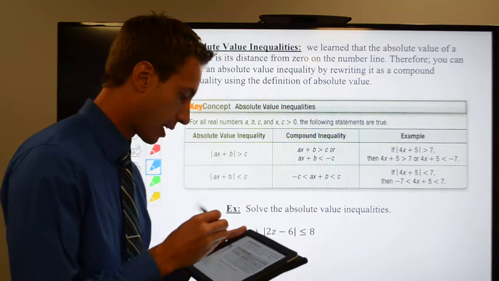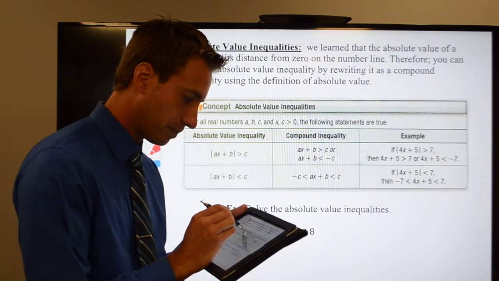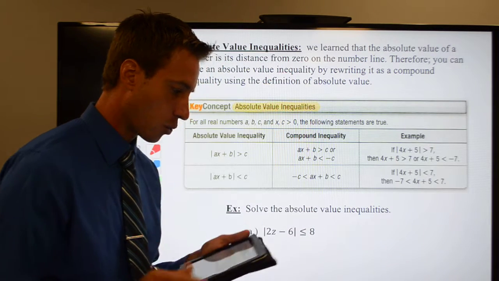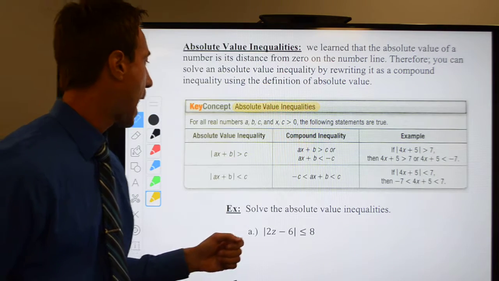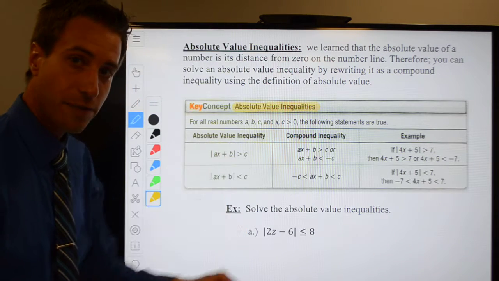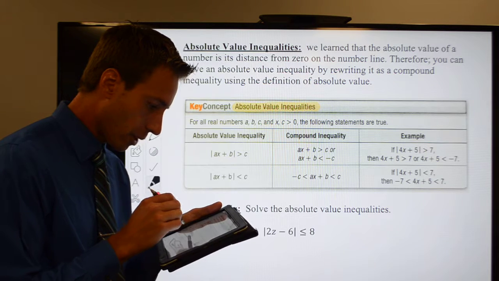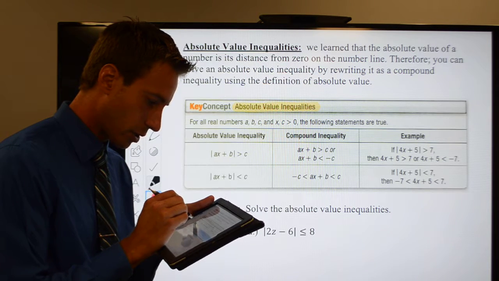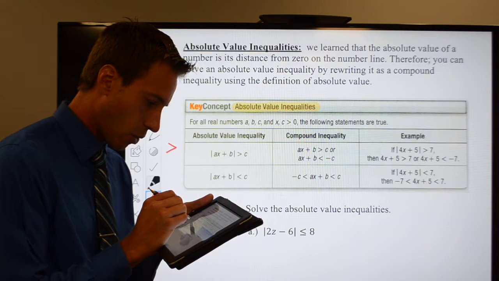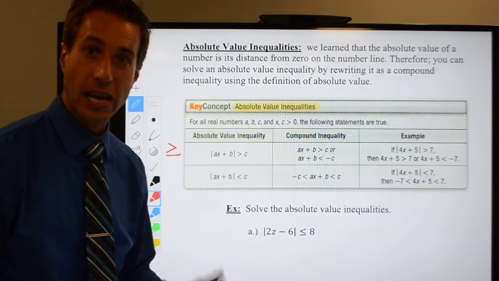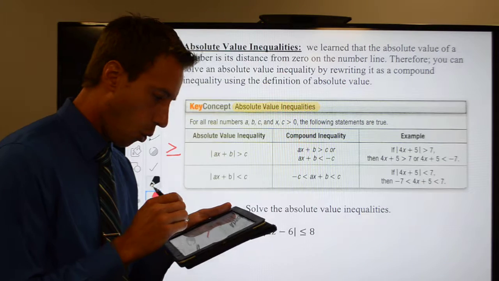So let's go ahead and take a look here at these absolute value inequalities. And what's going to happen is if you have a strictly greater than or equal to, then it's going to be an or inequality.